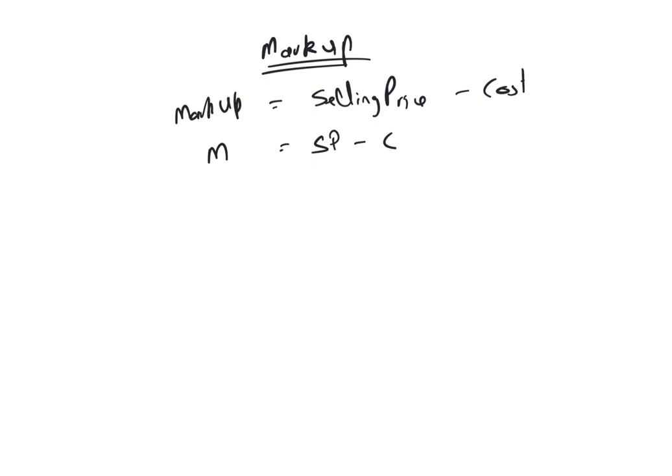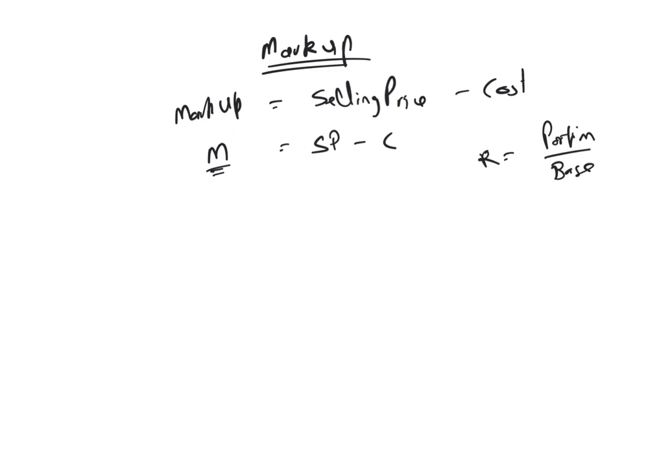Now, also go back to this idea of percentages where we said that our rate is our portion divided by base, right? So in the context of pricing, markup is that portion.